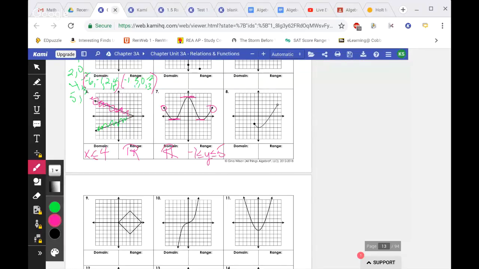So if -1 is the minimum value, it's not going to be any less than -1. So that means y is always going to be greater than. And remember, with a greater than symbol, the bigger number has the bigger part open to it, right? Mm-hmm. So you know that y is going to be bigger than -1.